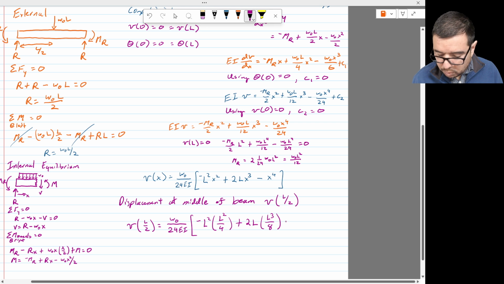And we have our minus L to the fourth over 16. Okay. And what do we see? We see, well, this is 2 times 2 over 2 times 1/8. So these two are going to cancel out, and we're just left with minus L to the fourth over 16.